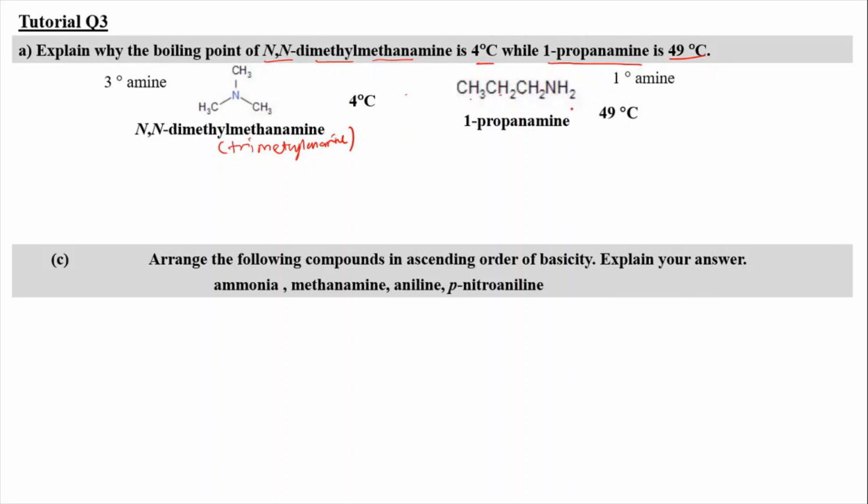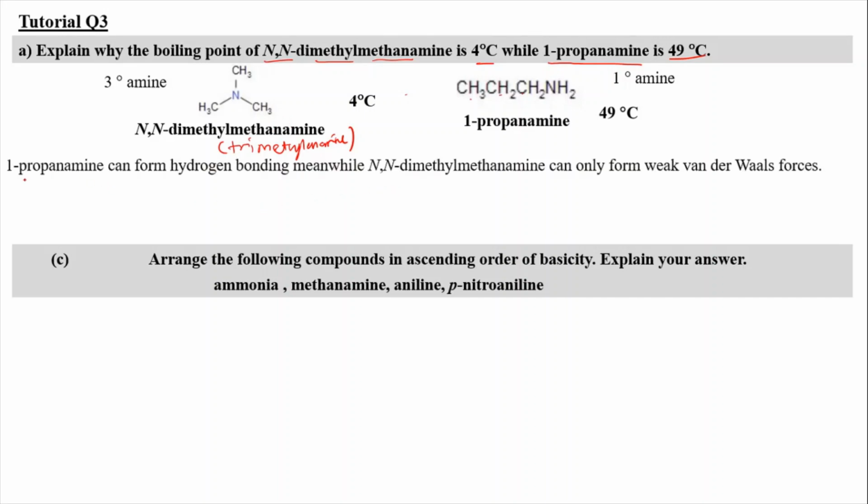Okay, and as what you know, the primary amine will have the higher boiling point because it can form hydrogen bonding between 1-propanamine molecules. However, the tertiary amine will not be able to form hydrogen bonding within themselves. Okay, so what you can say here is that 1-propanamine can form hydrogen bonding, meanwhile N,N-dimethylmethanamine can only form weak van der Waals forces.